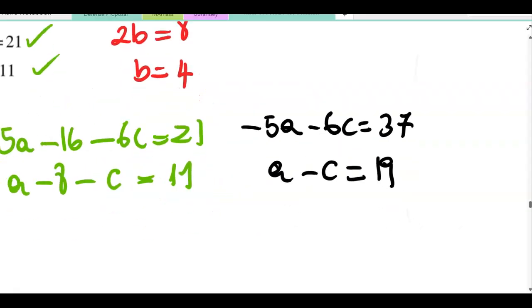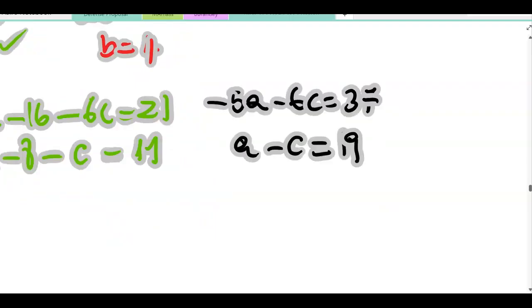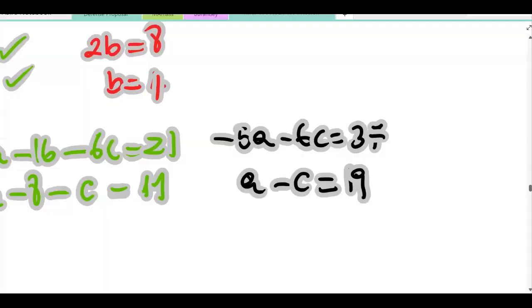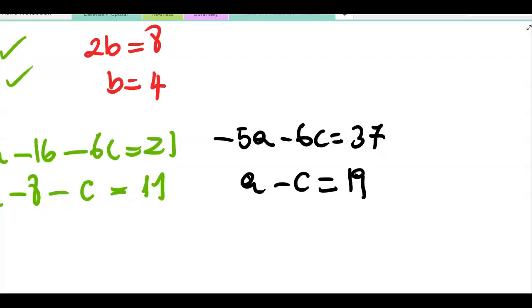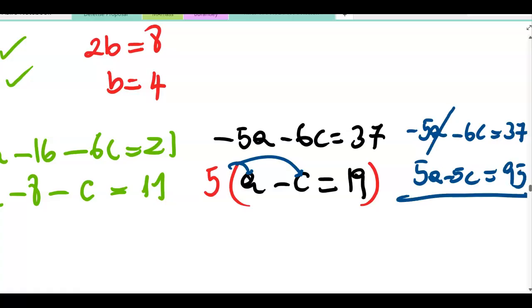Right, so you're solving systems again, but this time in 2 variables. I'm going to multiply this one by 5. So then that will be negative 5a minus 6c equals 37, and this will be 5a, if you distribute that over, minus 5c equals 95. Alright, so that will be done.